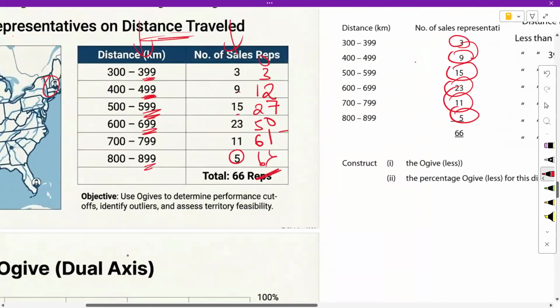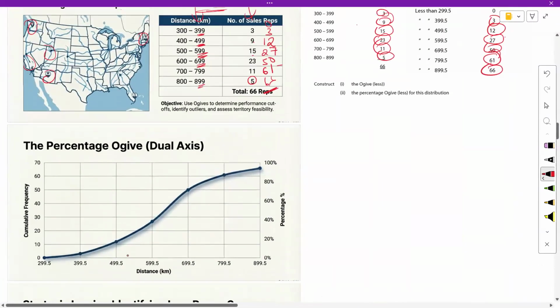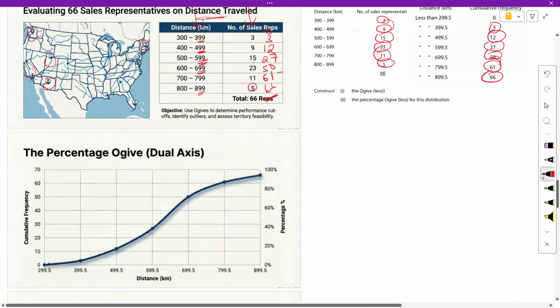And by using the data, right, we can draw the Ogive. So less than 299, nobody here. Therefore, we put 0. And then next class, less than 399, and how many? There are 3. And then less than 499, how many?